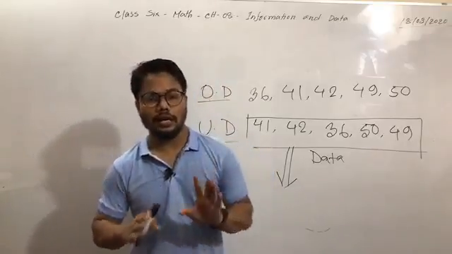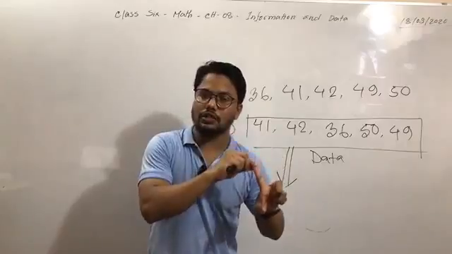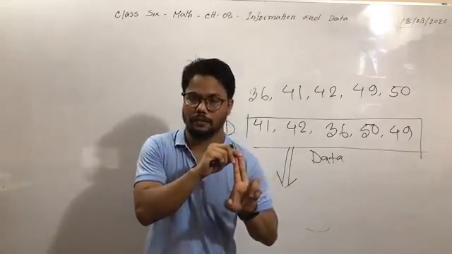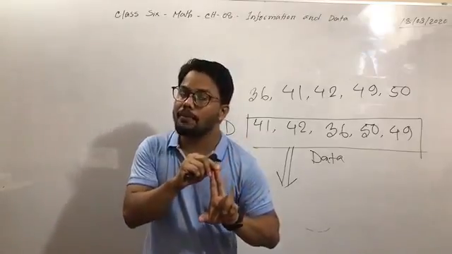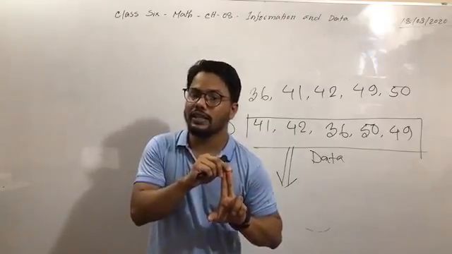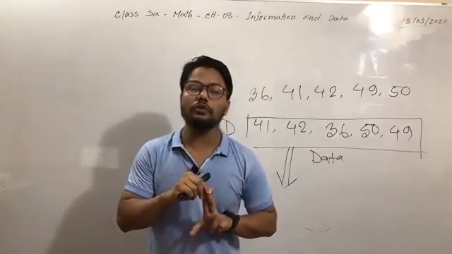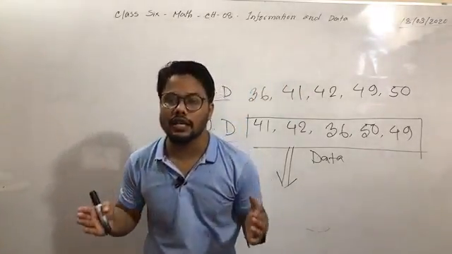So I'm going to review today's class. First you have to know what is data and what is information, with examples, where we can apply them, and why it is essential to know and apply this data and information in our real life.